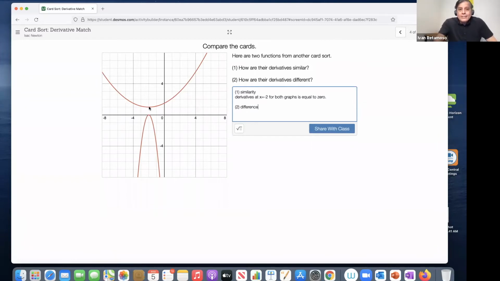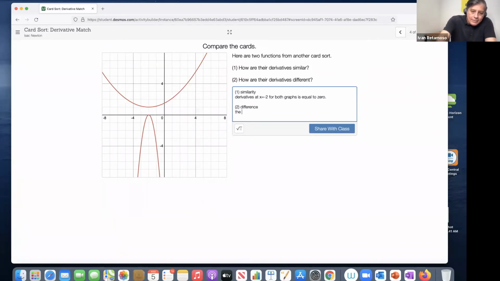The trends are different. This one is decreasing from left to right, this one is increasing from left to right. Then this starts increasing, this starts decreasing. So the trends are kind of switched. Maybe we can write that.